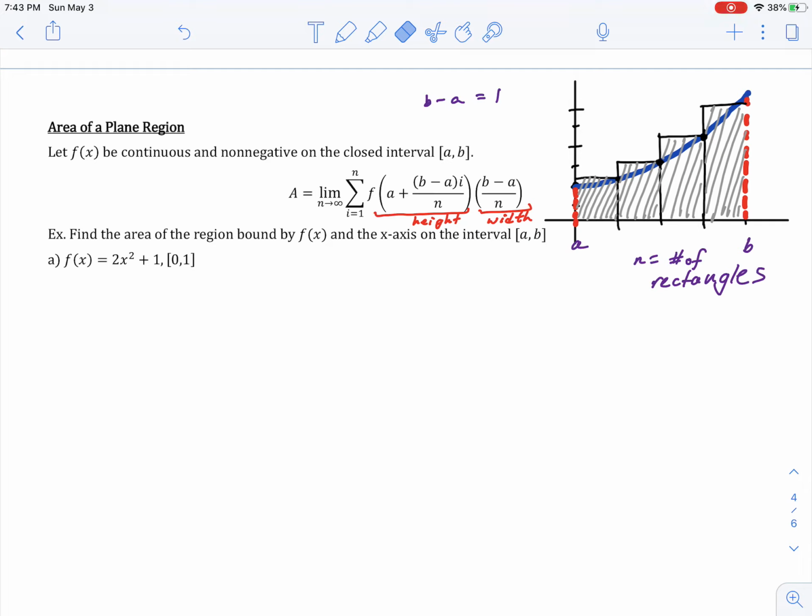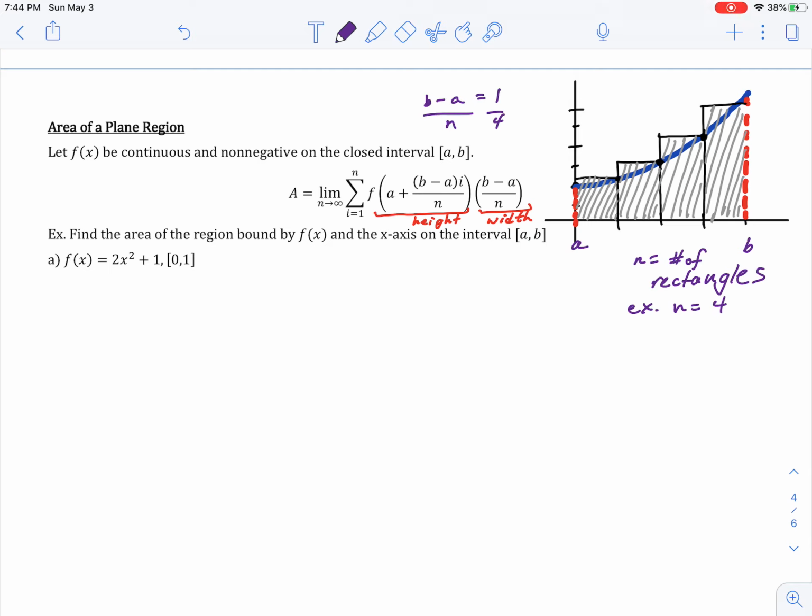What happens when we have an infinite number of rectangles? In this particular image, not for the problem, n is equal to 4. So that would make sense that b minus a over n would be 1/4, right? That's the width of each one of these rectangles.